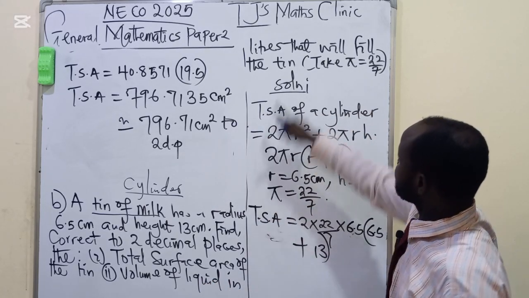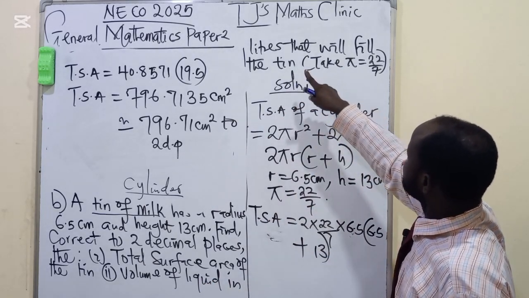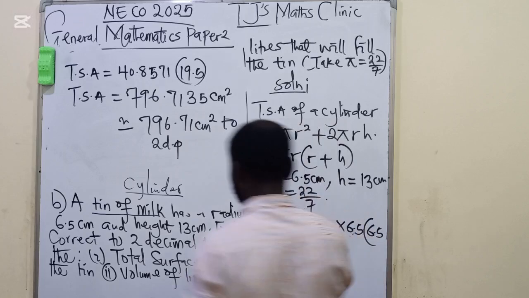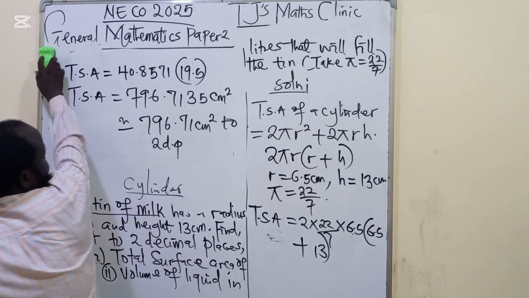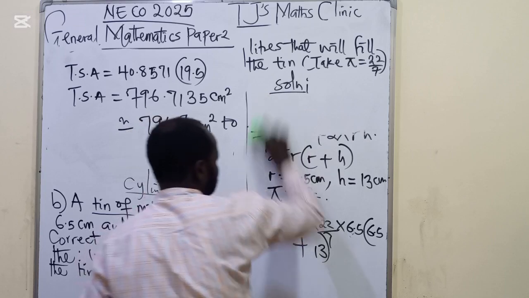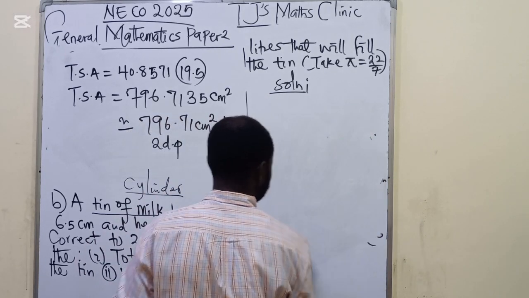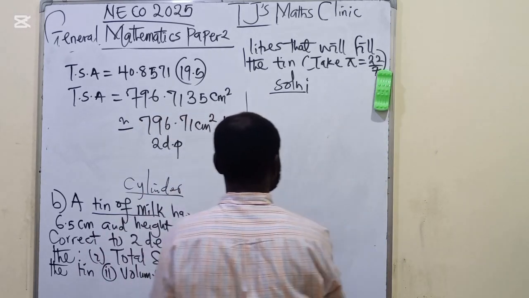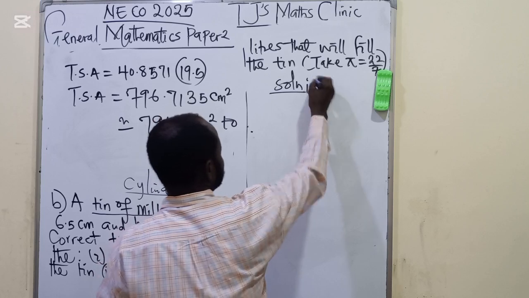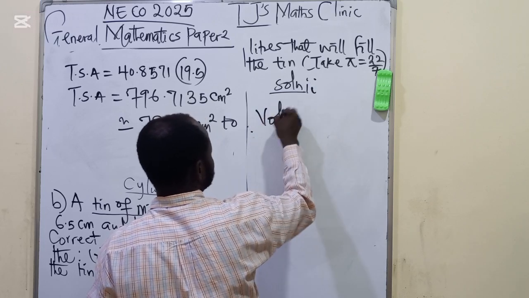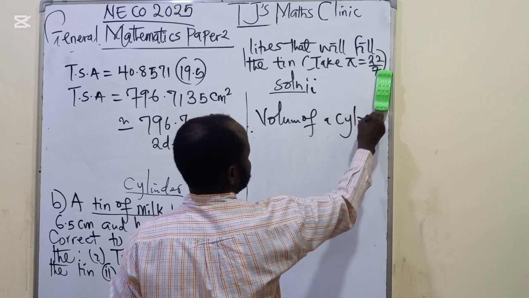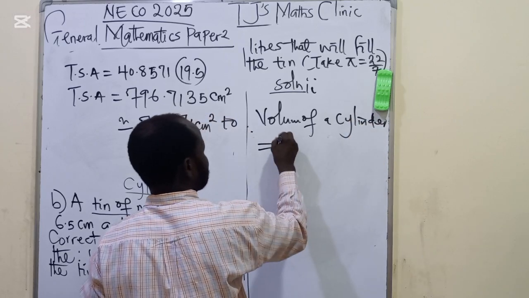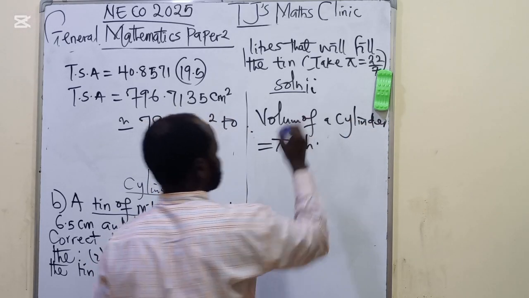Now, the volume of the liquid in liters that will fill the tin. So it means we have to find the volume of a cylinder. Solution to part two now. The volume of a cylinder is given as pi r squared h.